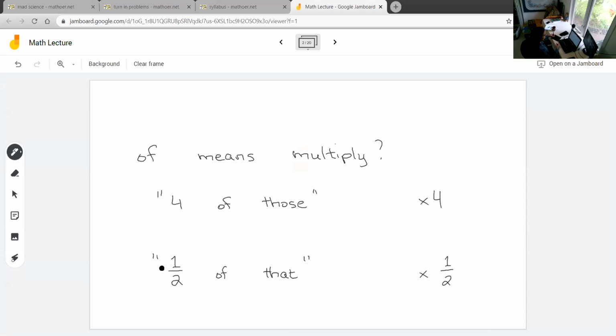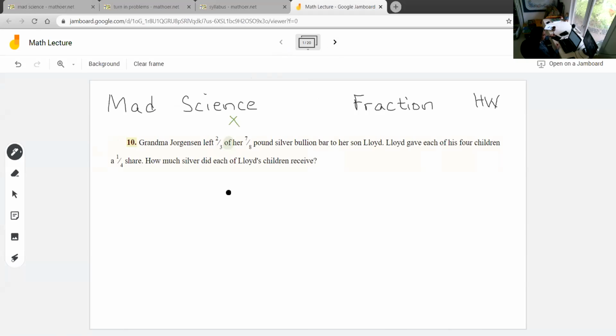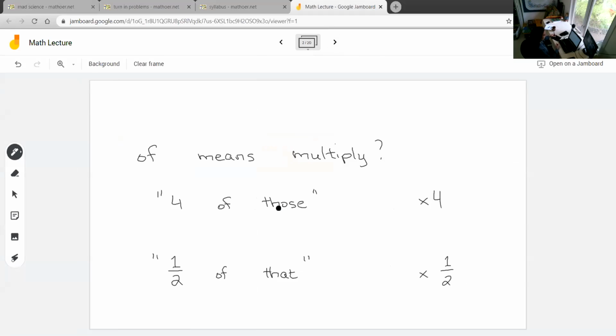If I throw in one fraction, then it might mess up your brain a little, even though the math is exactly the same, just because fractions make us hesitant. If I toss in 2 fractions, then for some reason it really seems harder to know what to do, even though it's still just the same as earning 30 cents a day for 4 days. Of is meaning multiply for exactly the same reason.